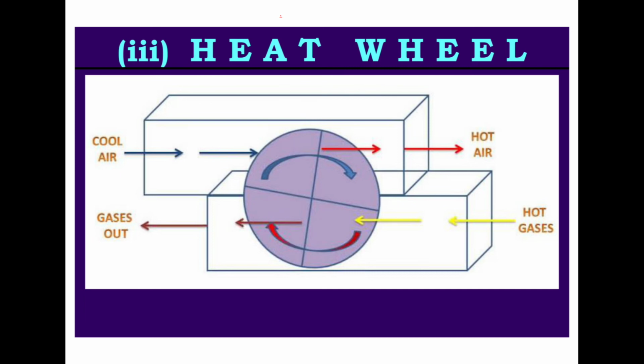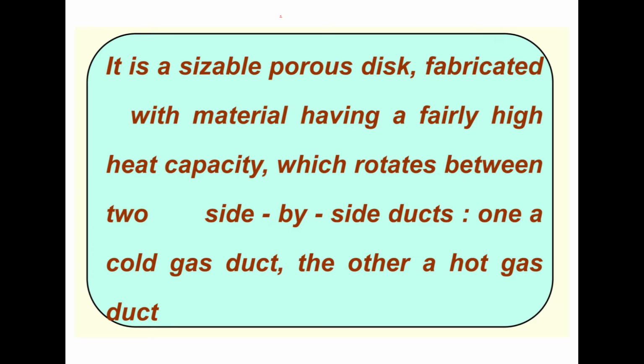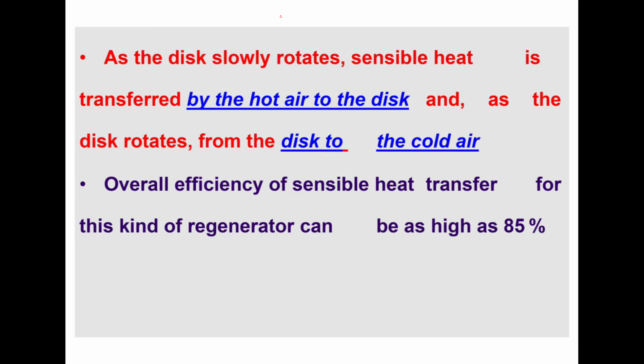This is the heat wheel of the regenerator, and this is a schematic diagram of a 3D heat wheel. It is a sizable porous disc fabricated with material having a very high heat capacity, which rotates between two side by side ducts, one a cold gas duct, the other a hot gas duct.